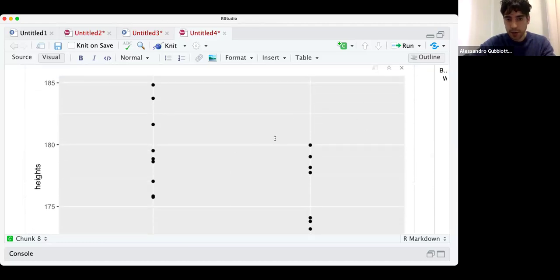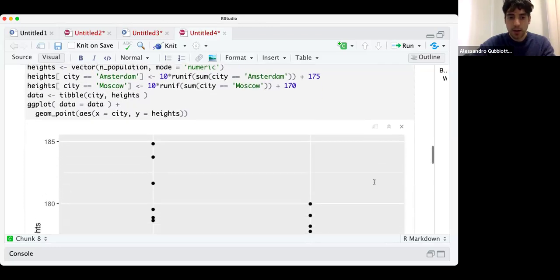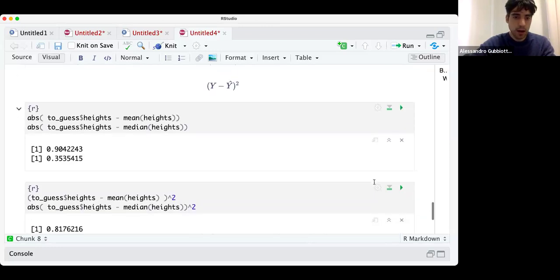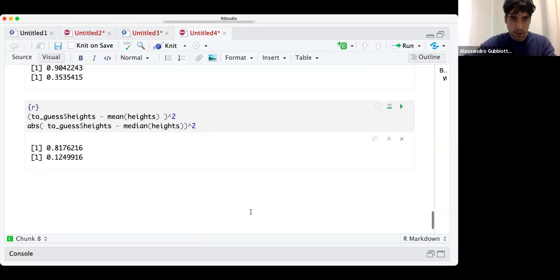We had this population which consisted of people chosen from two different cities with different heights, and we want to make a prediction on the height of a randomly chosen person. So there is this other characterization. We give a penalty, and we want this penalty to be as small as possible.